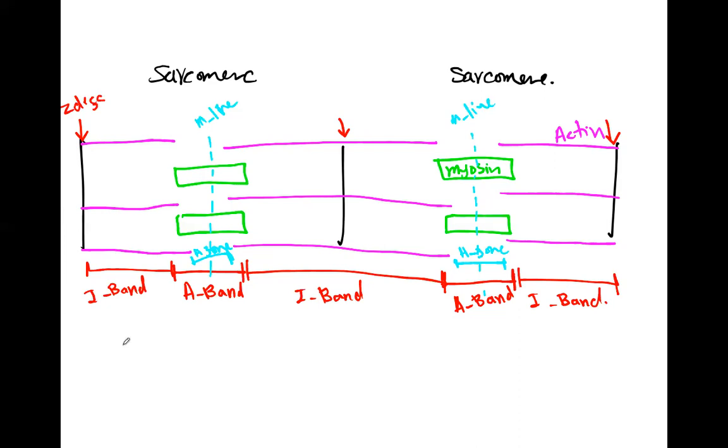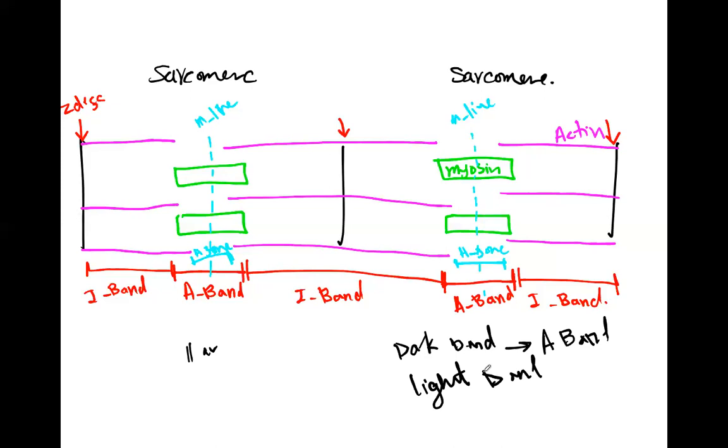So again, if I highlight the same point for you in writing, the dark band is going to be your A band, which is myosin, right? And your light band is going to be your I band, which is only actin.